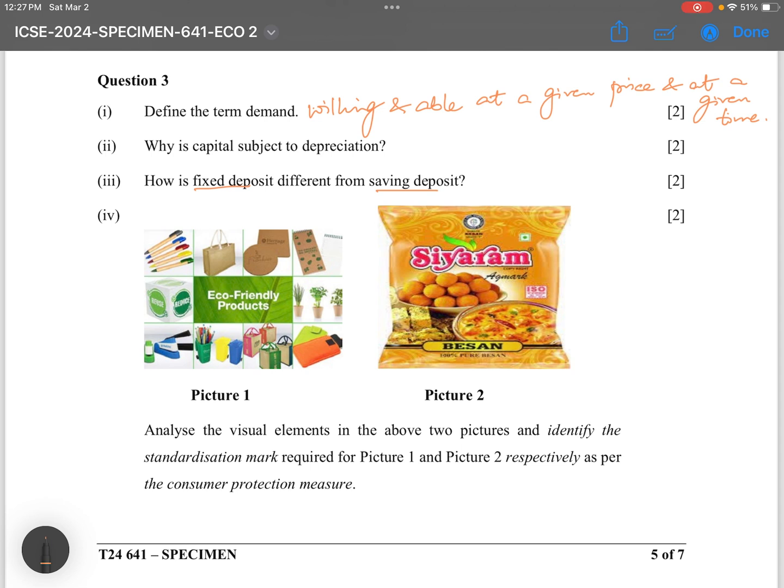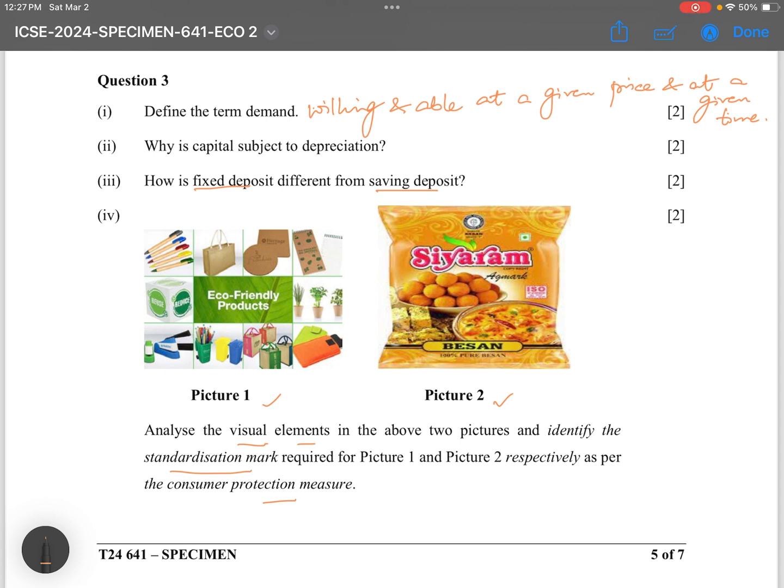Then your next question is picture 1 and picture 2, where they have asked us to analyze the visual elements and identify the standardization mark respectively as per the consumer protection measure. So when you're doing this chapter, please pay attention to the standardization marks, and you should be able to identify them on the products.